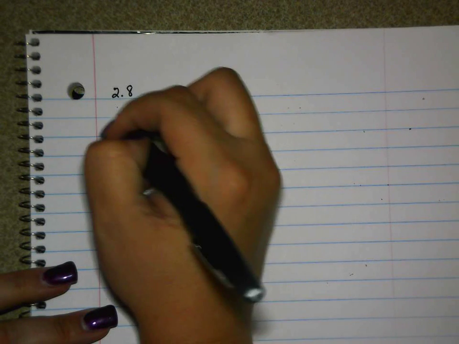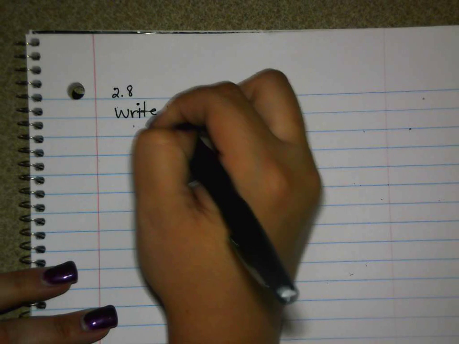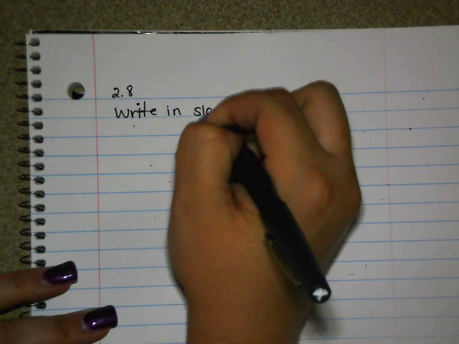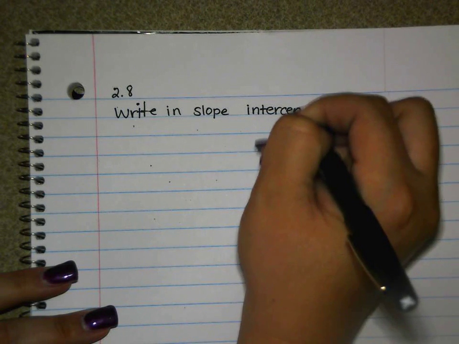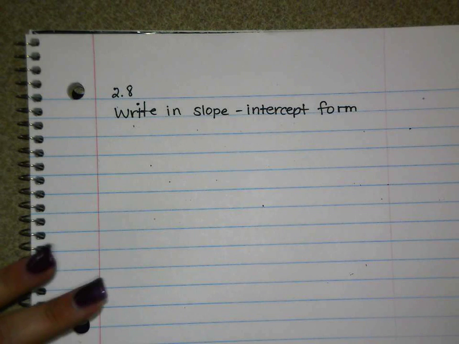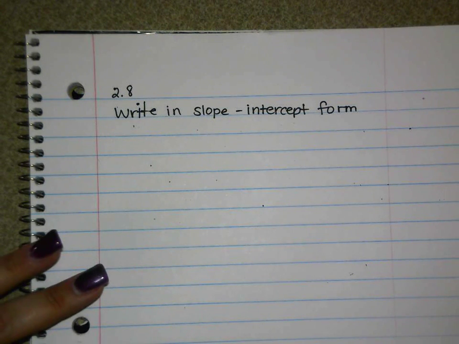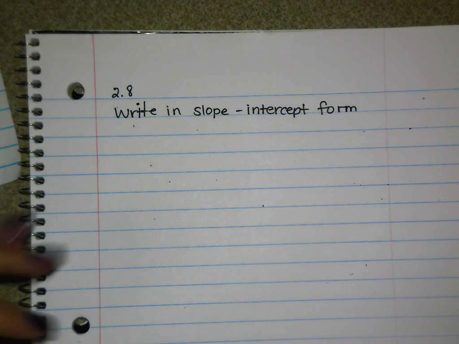Well, what if the directions say write in slope-intercept form, which a lot of the time it's going to ask you that because, again, slope-intercept form is probably the most common and easiest way we are going to find to graph a line, because it's going to give us information that's very necessary to graph that line.